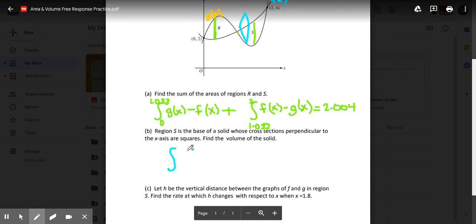So the volume is the area of the face, which is side squared. The length of the side is top curve, which is f of x, minus the bottom curve, which is g of x. And you're taking that side and you're squaring it. And then we really should have dx in here, and I should have put them up here too.